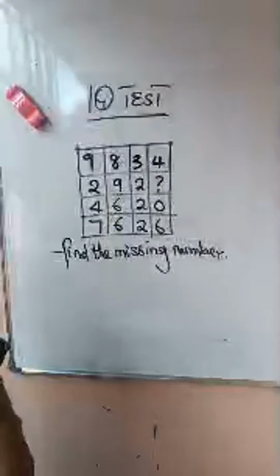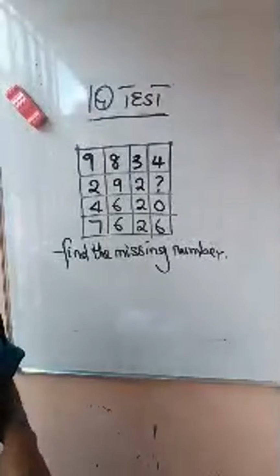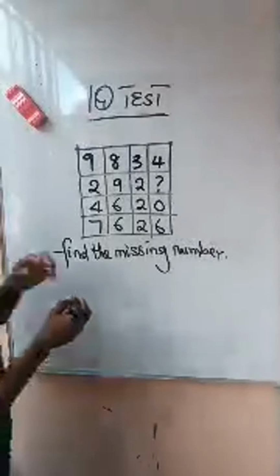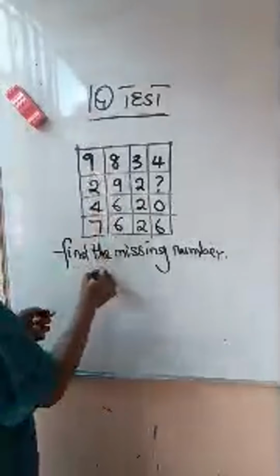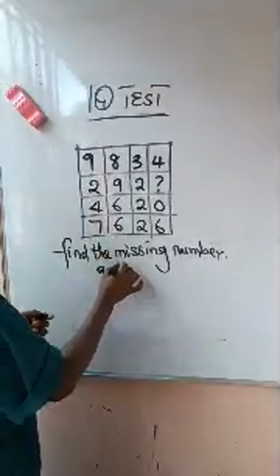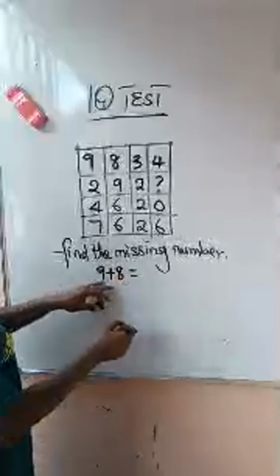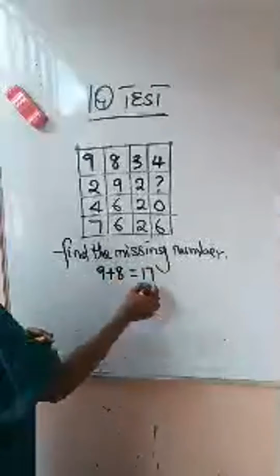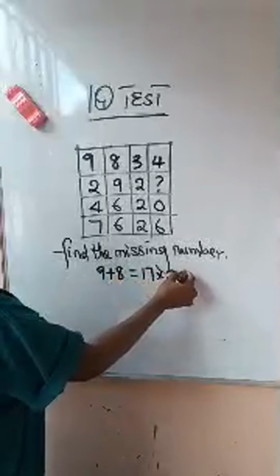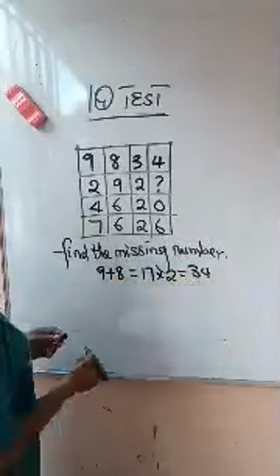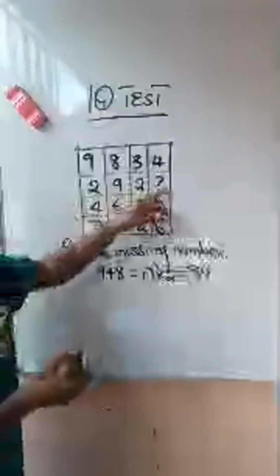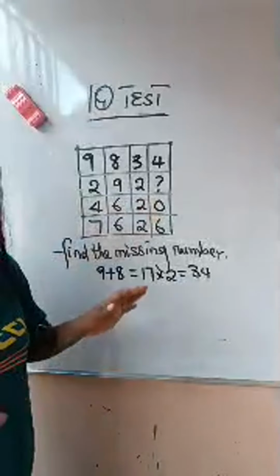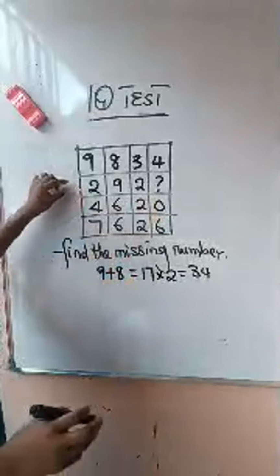Now, the first one: 9 plus 8 is 17. 17 multiplied by 2 will give you 34. Now let's leave this. This is not complete, so we cannot get anything right now.